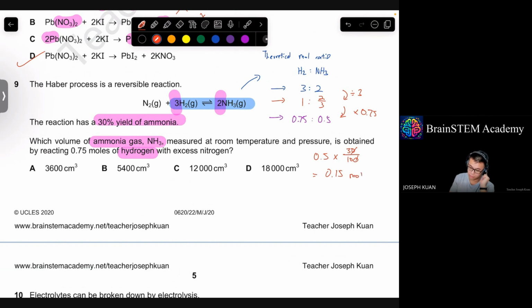Right, so this is what you get from your own experiment, and use this to measure volume. So it's a gas, so we just multiply by molar volume, which is 24, and that will be, let me use calculator, 0.15 multiplied by 24, that should be 3.6 cubic decimeters, which is equivalent to 3,600 cubic centimeters. The answer is A.